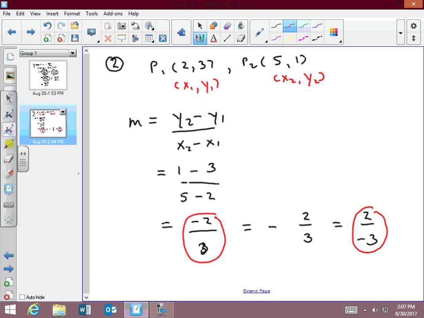So this is just a generic number that doesn't have an indication of how you're moving, rise and lower. But it's still written correctly. Typically, when you're doing slope, you would either write it this way or you'd write it this way.